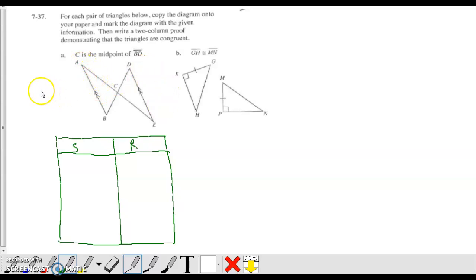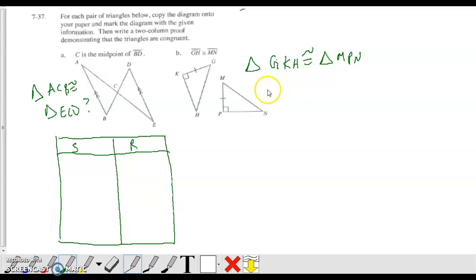Ultimately, for this one, we're trying to figure out why triangle ACB is congruent to triangle ECD. That's what we're trying to prove on this one. Okay, and it is possible. Finally, for this one, we're trying to prove that triangle GKH is congruent to triangle MPN.